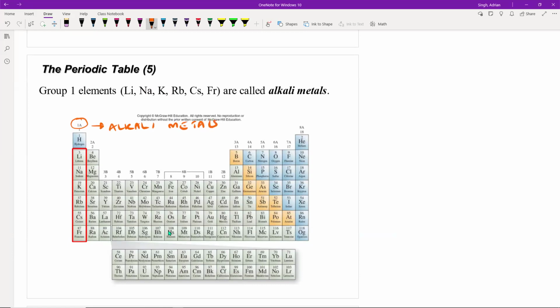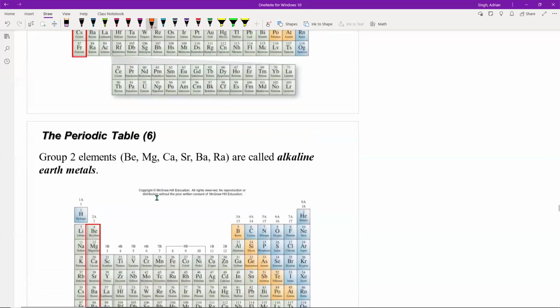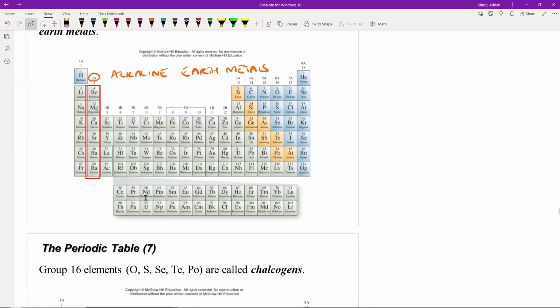So lithium, sodium, potassium, rubidium, cesium, and francium. Group 2A, the group right next to it, these are known as alkaline earth metals. Okay, and these terms mean something very specific, which we'll see later on.